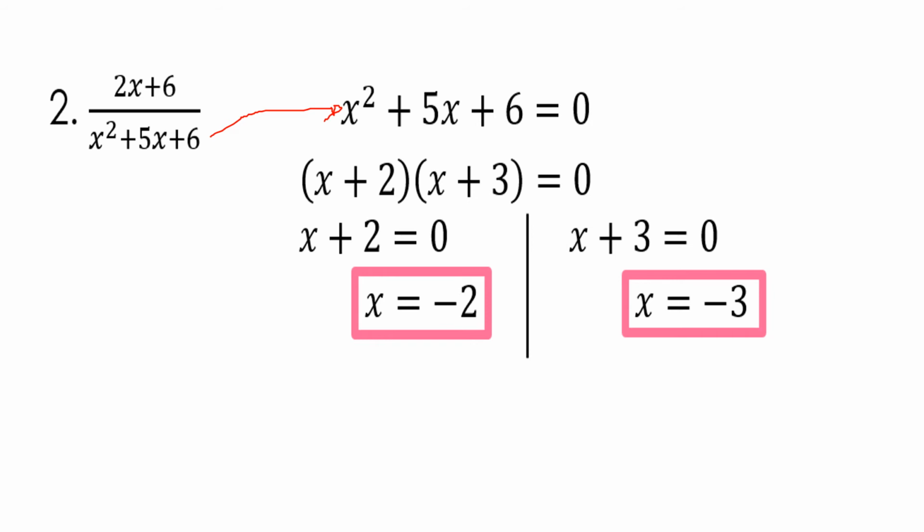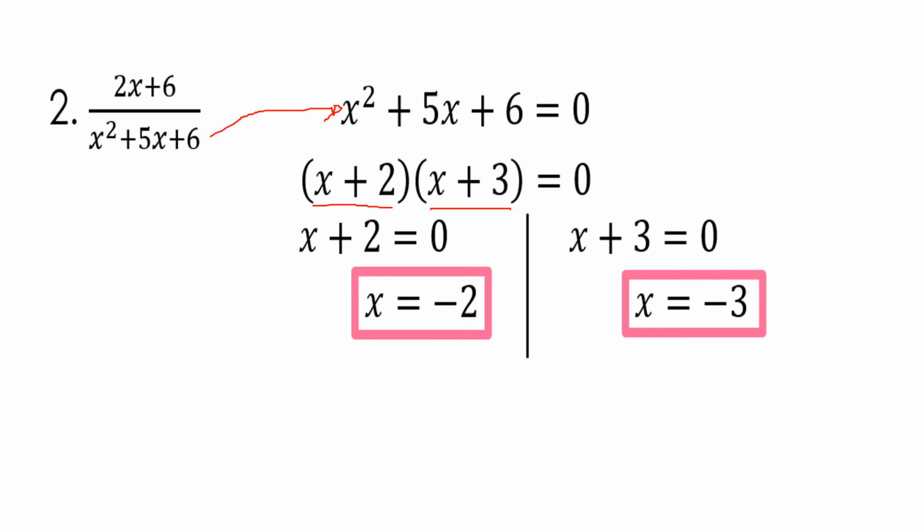So we have the quantity x plus 2 times the quantity x plus 3, and we can equate the first group and the second group to 0. So we have x plus 2 equals 0 and x plus 3 equals 0. Then you solve for x. So x equals negative 2 and x equals negative 3.